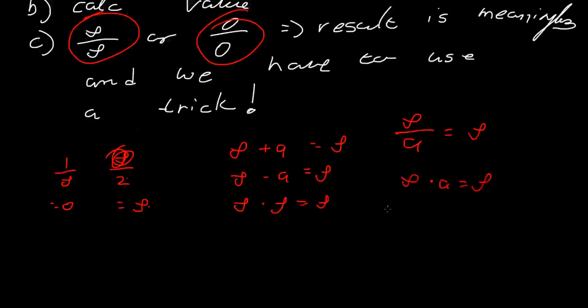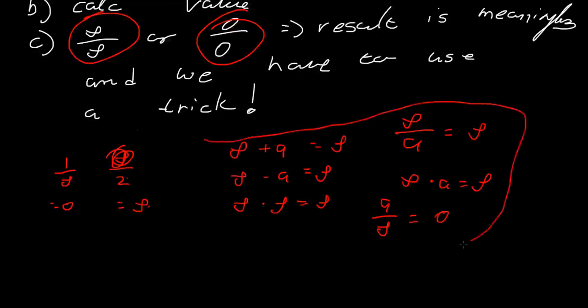Right. And then we've got a constant over infinity. So a small number over an infinite number is equal to 0. And yeah, so those are just a couple of rules. So it's nowhere stated in your book, but just so that you know. These are important and you should understand. Okay.